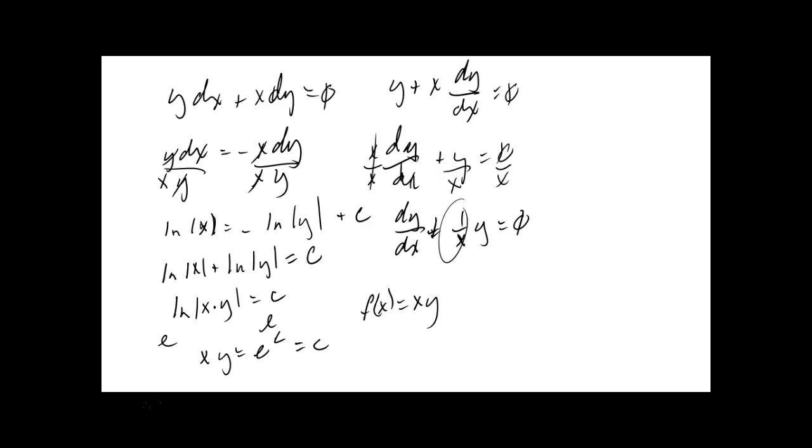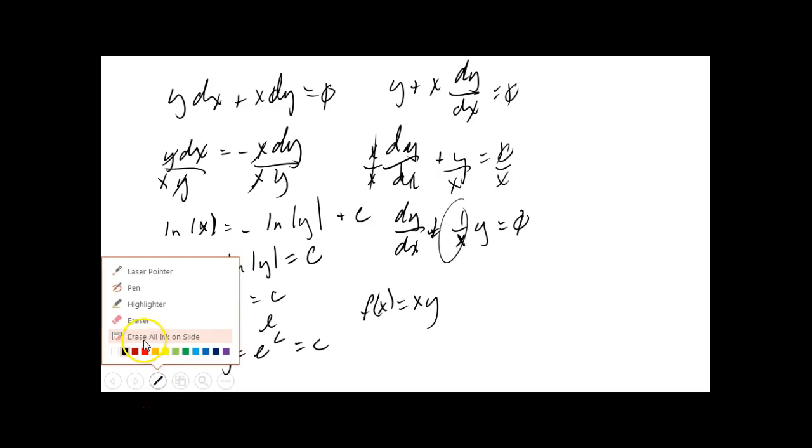But in this section, we're going to examine some first-order equations written in differential form that are a bit more involved. So let me go back to that. The key is that it's written in differential form.